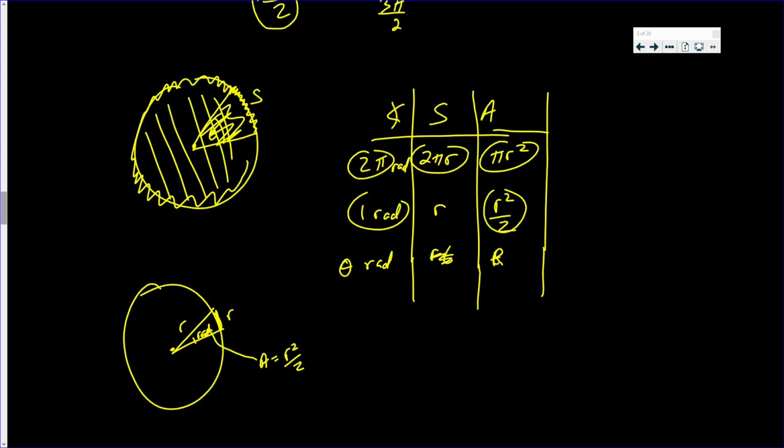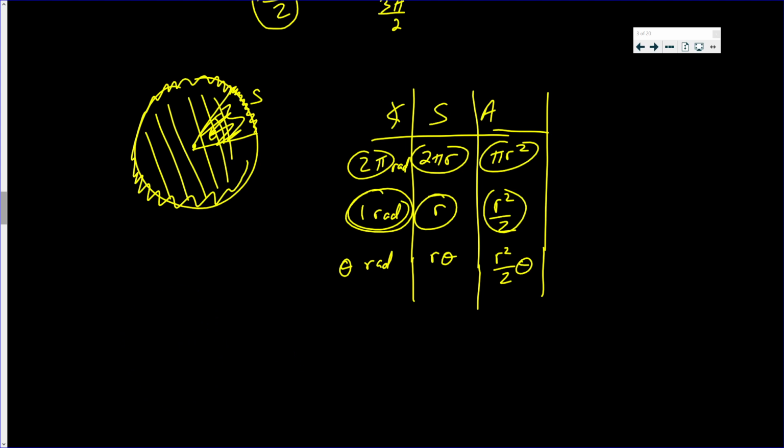So I multiply the r, I multiply this by theta, I multiply that by theta, and I multiply r squared over 2 by theta. What this tells me is the following. It's not a rigorous proof, but it gets the job done.